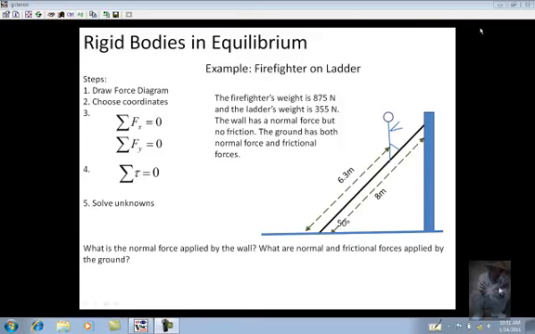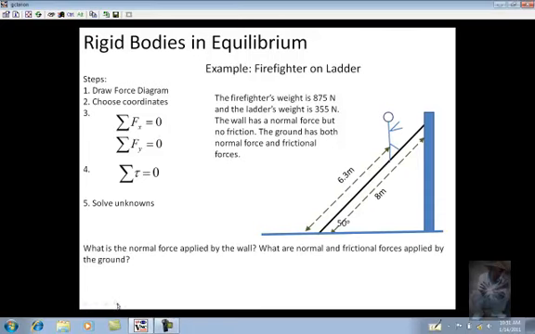We've got this firefighter on this ladder. It says the firefighter's weight is 875 newtons, the ladder's weight is 355 newtons. The wall has a normal force, but no friction. The ground has both normal force and frictional forces. And the question at the bottom says, what is the normal force applied by the wall, and what are the normal and frictional forces applied by the ground?